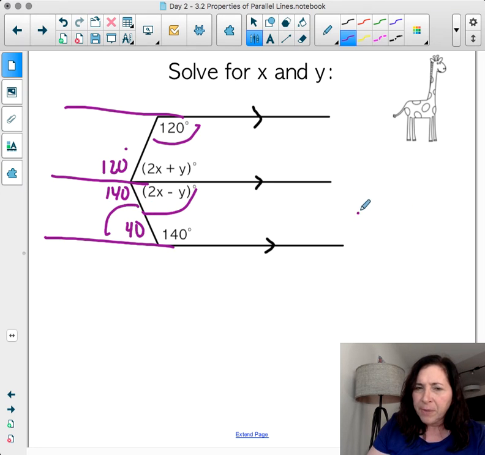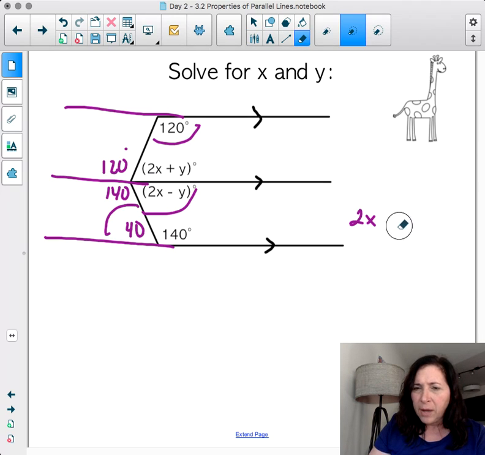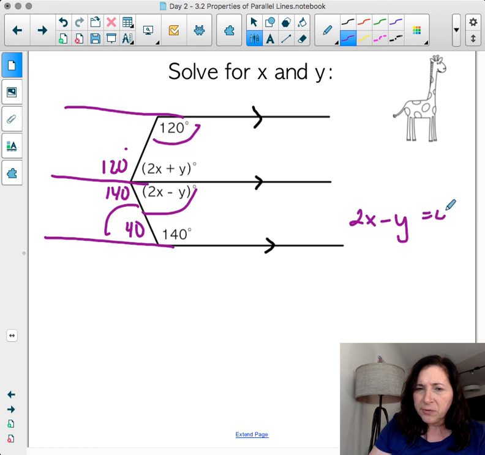Let me write that down. 2x minus y is equal to 40. Likewise, we know that this must be 60 because these two add up to be 180, and these angles here also add up to be 180, check, but so do these, all right?